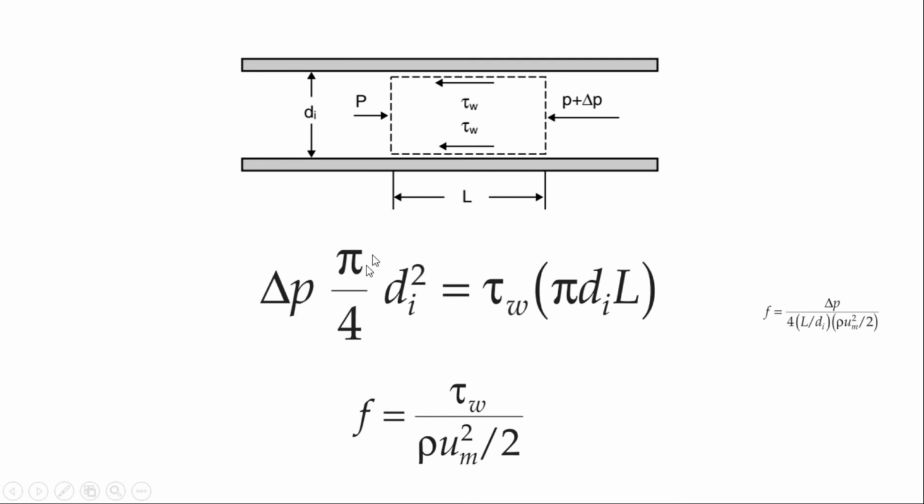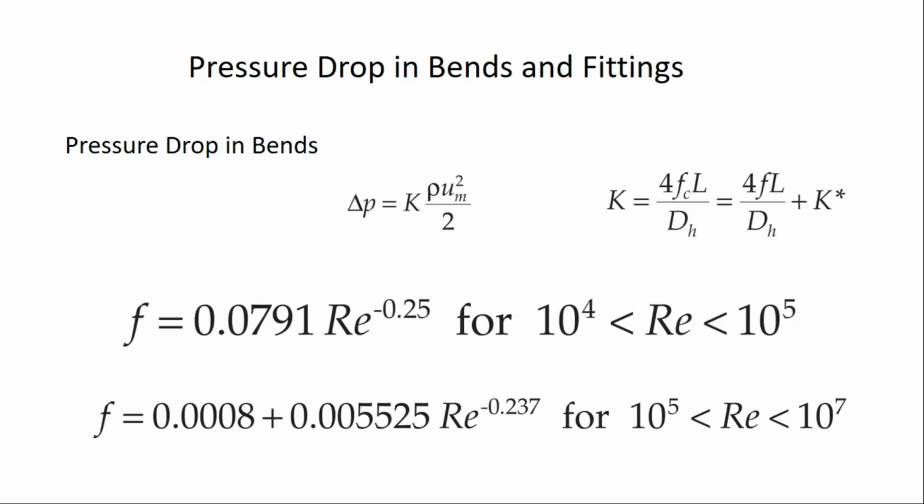So this is the area of the pipe, right? So this is ultimately the force balance, right? And this is connected with the friction factor value, which is ultimately related to the wall shear stress. You have to use this friction factor value for a given value of the wall shear stress to determine the value of the friction factor.